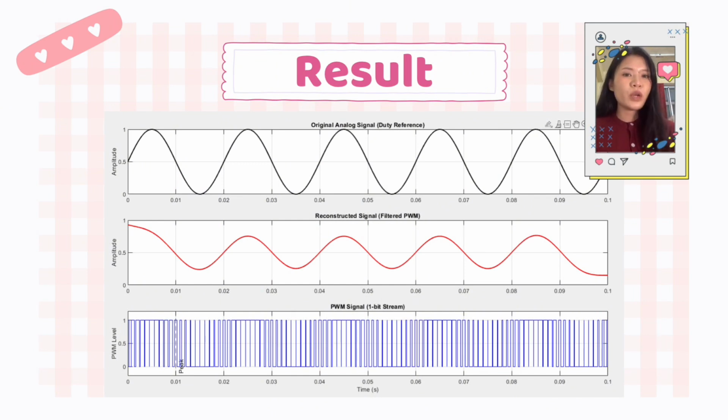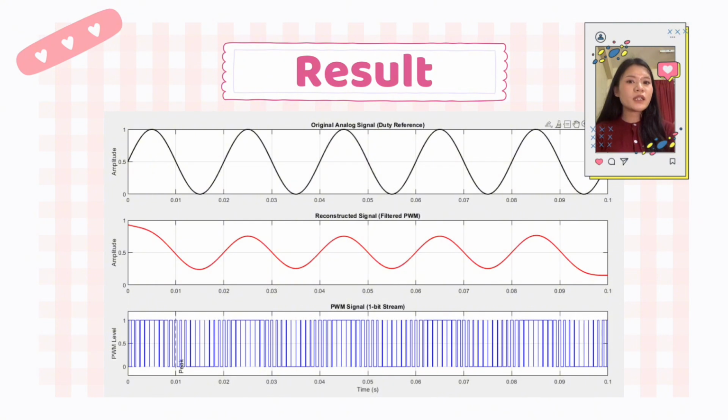Now for plot 3, PWM signal 1-bit stream, this is the digital PWM signal sent to the motor. Each pulse width corresponds to the level of the analog signal. At 0.01 seconds, the signal's peak, the pulses are widest. As the analog value drops, so does the pulse width. PWM encodes analog information by changing pulse width. A DC motor or low-pass filter smooths these pulses to create a continuous signal.